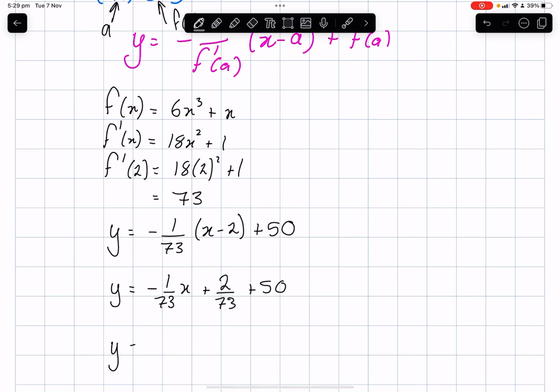So y equals -1 on 73 x plus 3,652 all over 73. And that is my final equation of my normal. Now, with normals, you're more than likely going to get some crazy fractions and things like that. Use your calculator. Don't be a hero. Just plug away and you'll be more than fine.